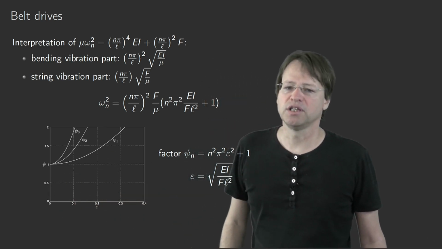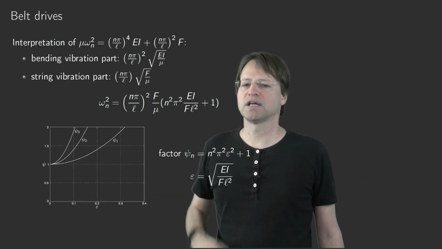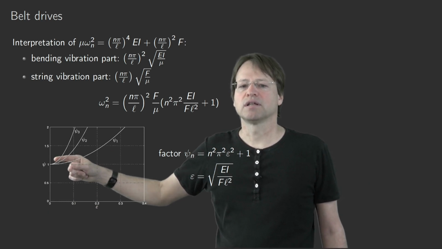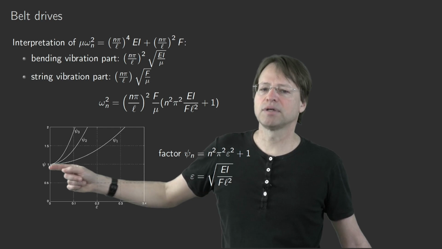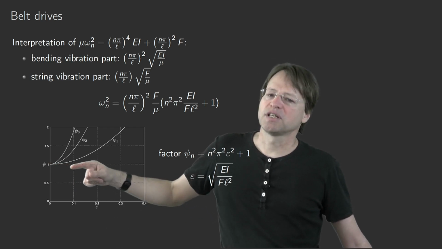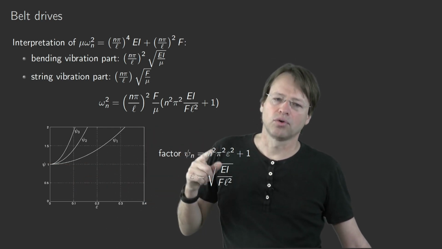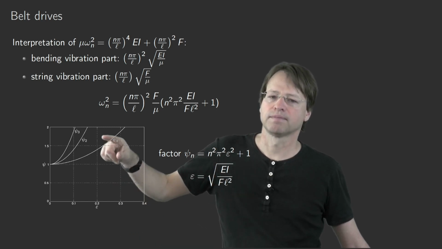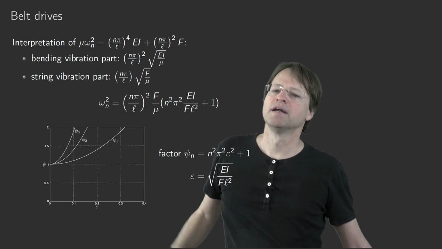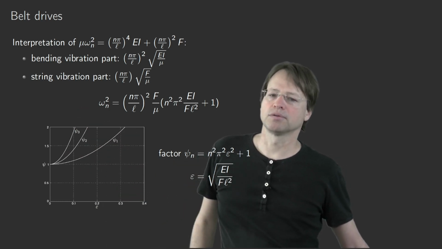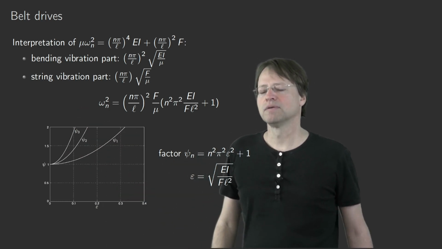And for this range here, so very small values of epsilon, you can see that that function psi n is around 1. It then starts to increase, and the higher, of course, the natural number n of that natural frequency, so for the higher modes, the increase is more pronounced than for the lowest mode.